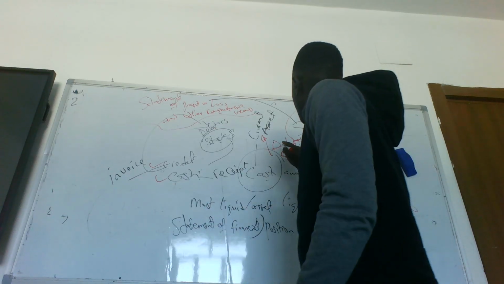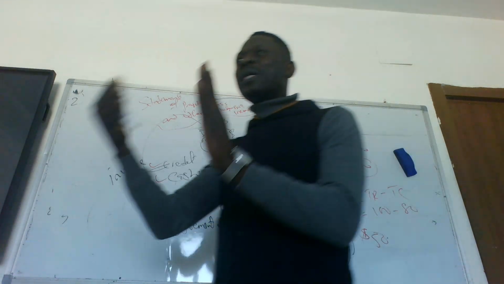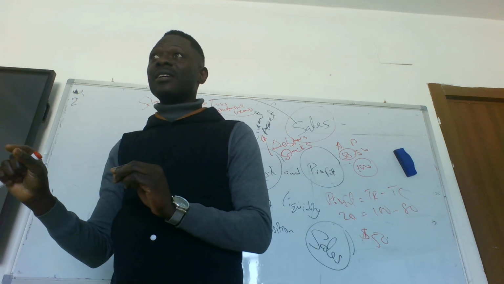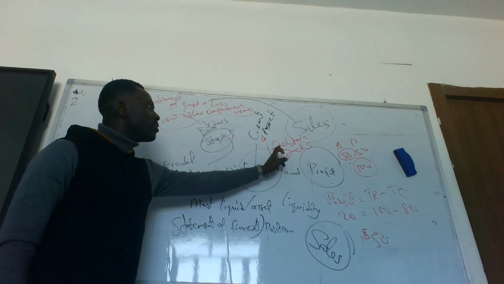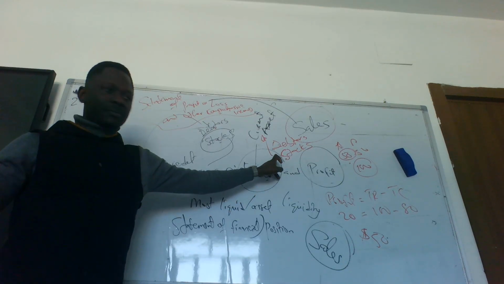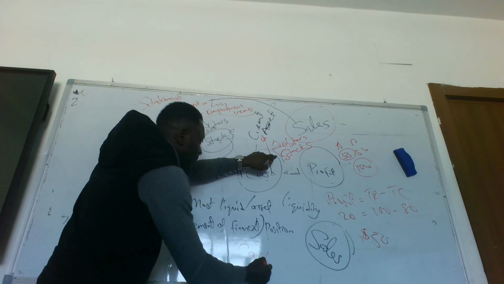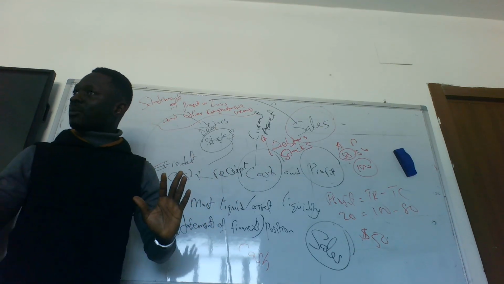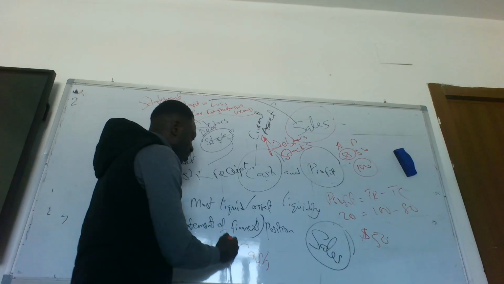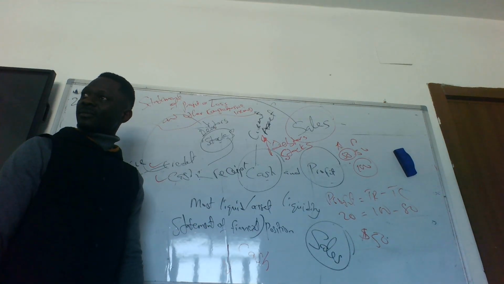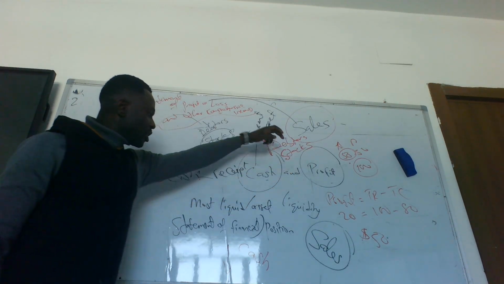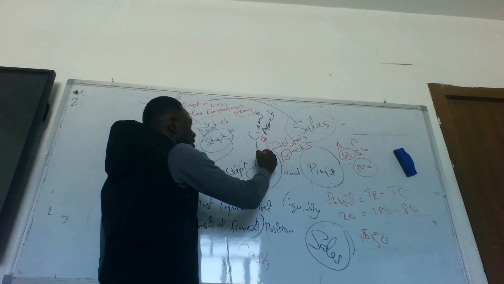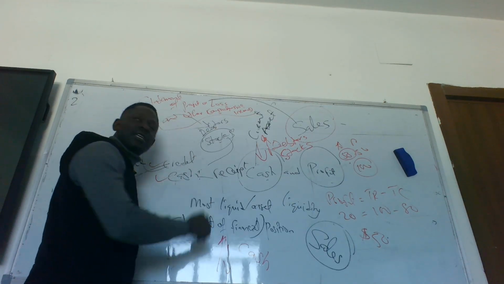These two are expected to be turned into cash; that's why we call them current assets. But what is the relationship between these two things and cash? Debtors are your credit customers. When they increase, your cash reduces. There's an inverse relationship between debtors and cash. If your debtors reduce, your cash increases.